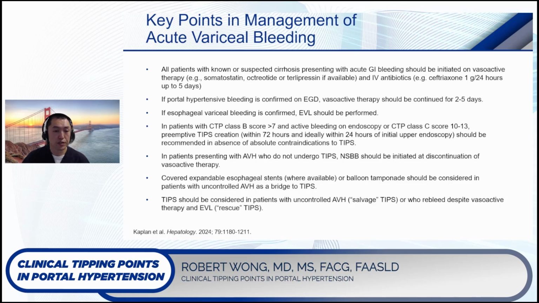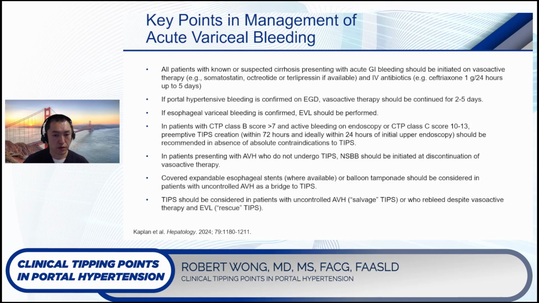If portal hypertension is confirmed, vasoactive agents typically should be continued for 2 to 5 days post-endoscopy. In patients with Child-Pugh B7 or those with C, preemptive TIPS can be considered.